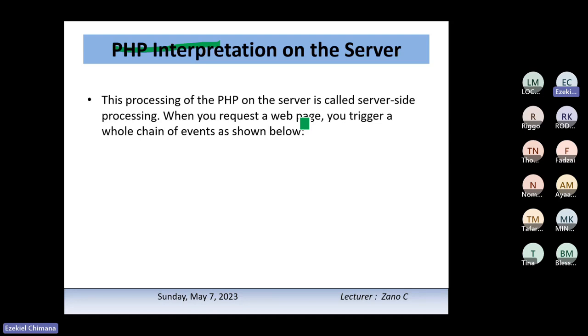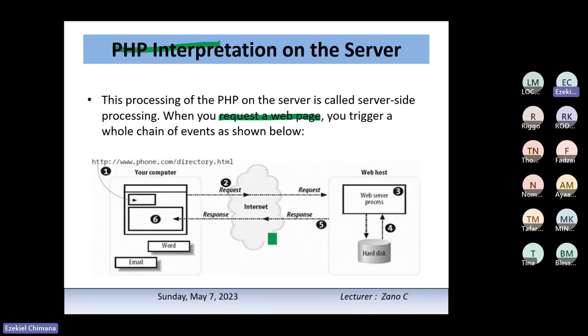So when you request a web page, you trigger a whole chain of events as shown below. Whenever you request a web page, this is what happens. You are here with your computer, and on this computer, you are writing this request.